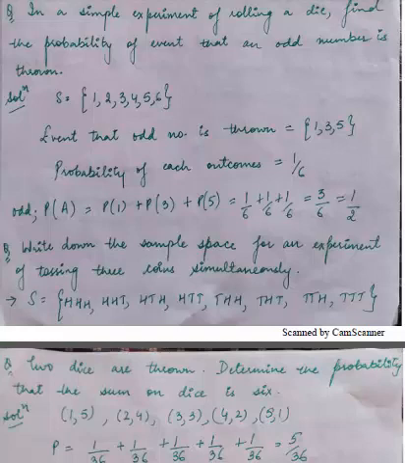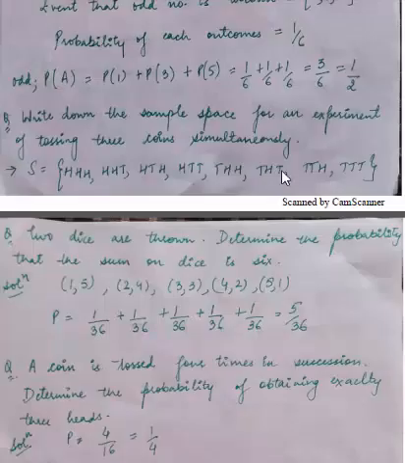But now we are tossing 3 coins simultaneously, which means at a time the 3 coins can show combinations of heads and tails, such as head, head, head, head, head, tail, and so on, up to tail, tail, tail. So this is the sample space for an experiment of tossing 3 coins simultaneously.